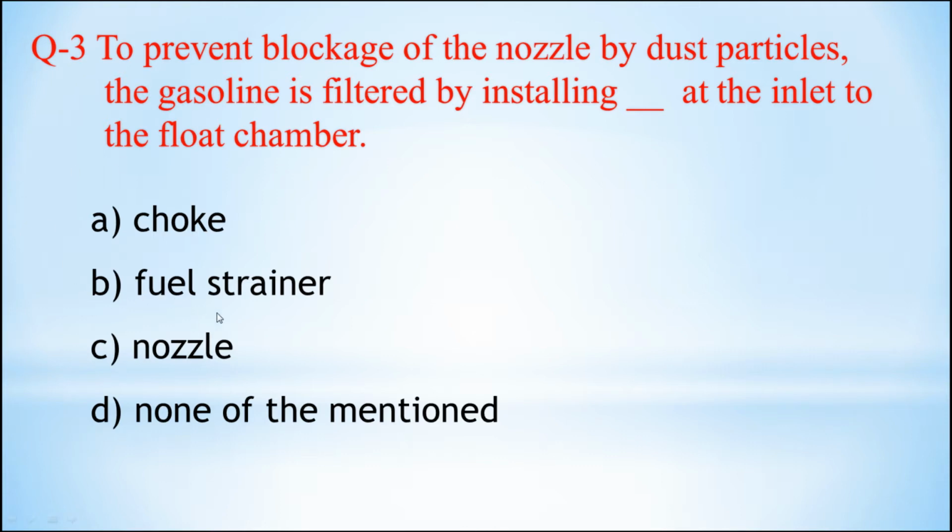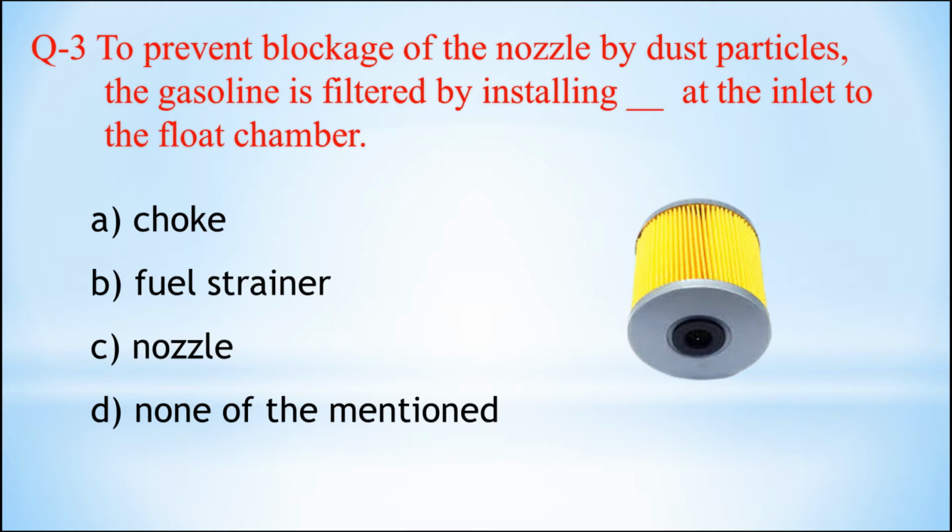Option B is the fuel strainer. The fuel strainer is used to prevent blockage of the nozzle by dust particles and it is installed at the inlet of the float chamber. So the right answer is option B, fuel strainer. Here you can see that this is a fuel strainer.